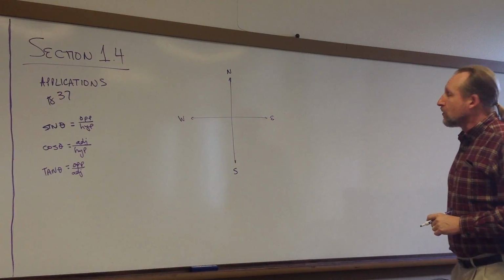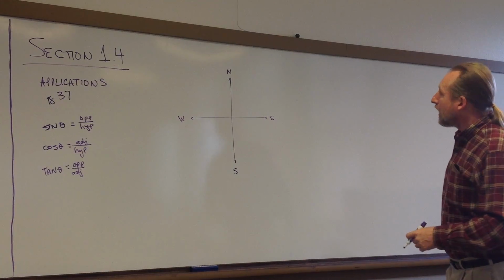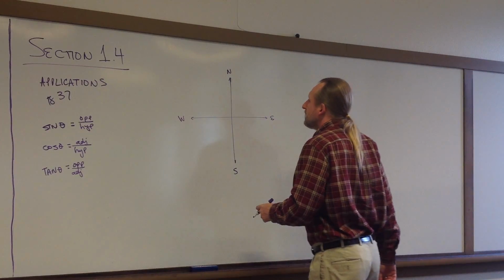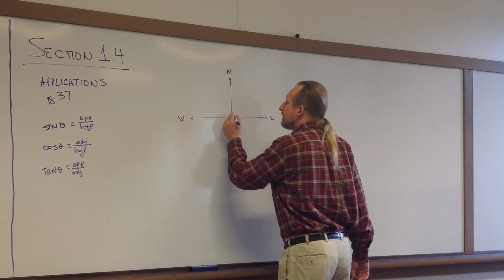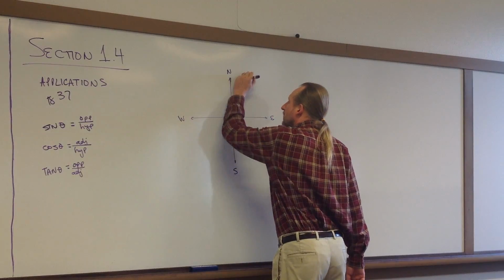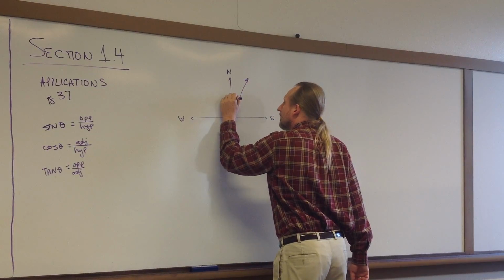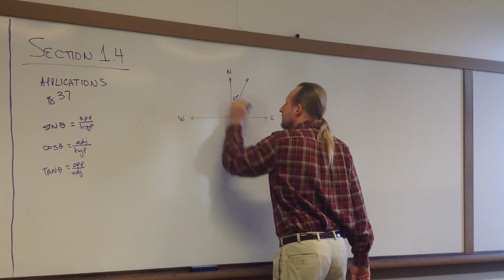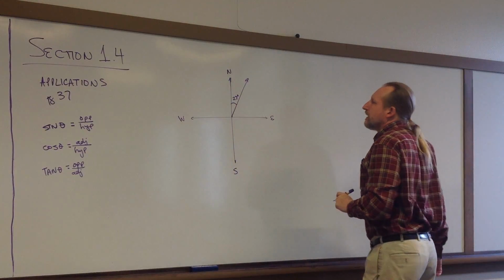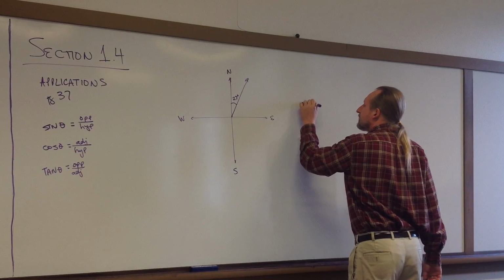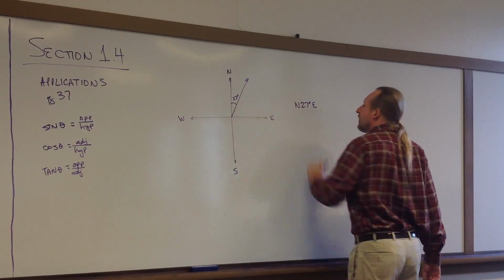Okay, so there's a north, south, east, west quadrant. The idea here is that if you have an angle that's over here, let's say this is 27 degrees, then this would be called 27 degrees east of north.